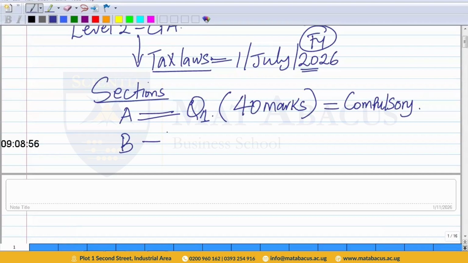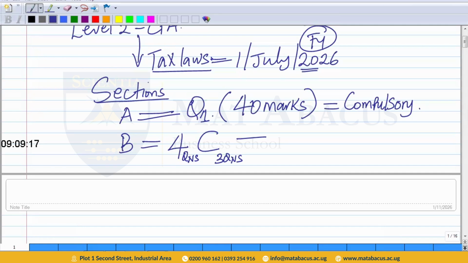Section B has got 4 questions, but you choose 3 questions. So it is 4, choose 3.